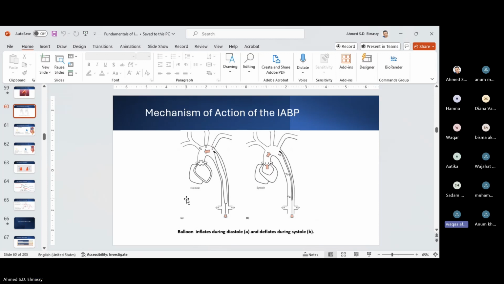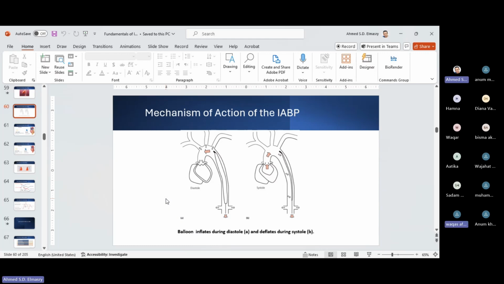So if the afterload increased and your heart is weak, the dominant power here will be the afterload, and it will work as a force against the heart. Your heart basically should be able to overcome this power, but if the heart is weak, it will not be able to push more blood to the aorta.